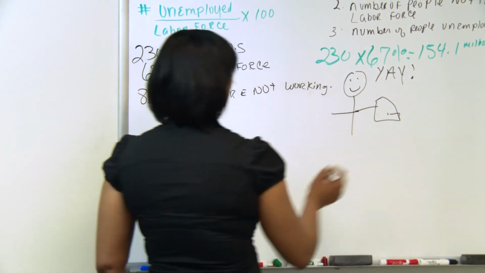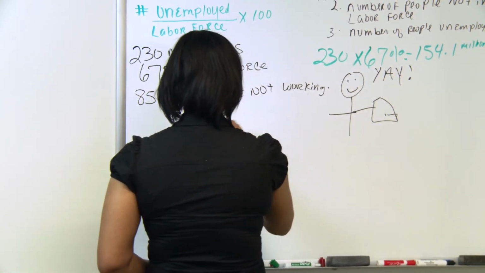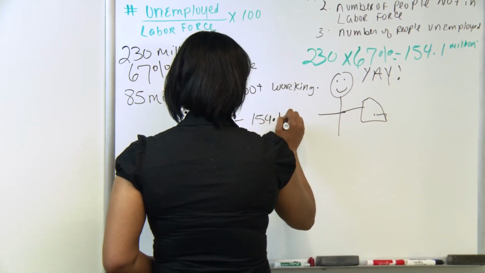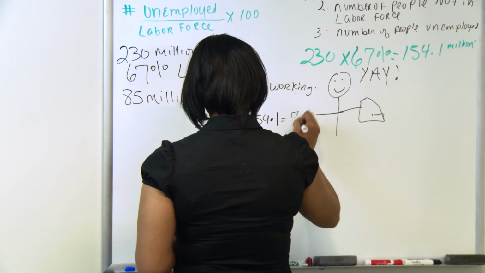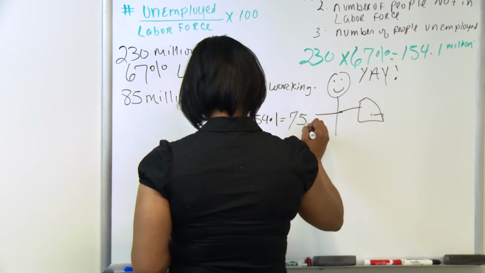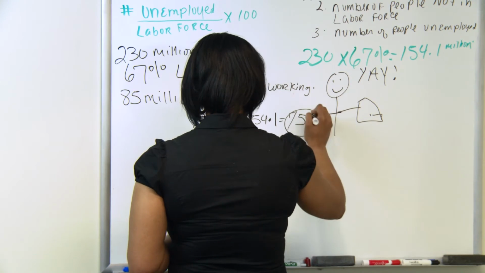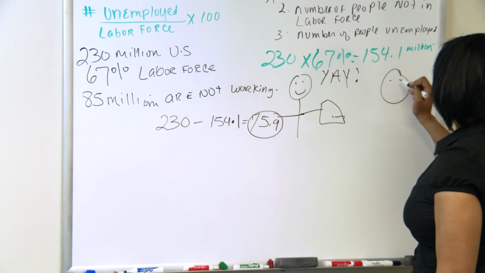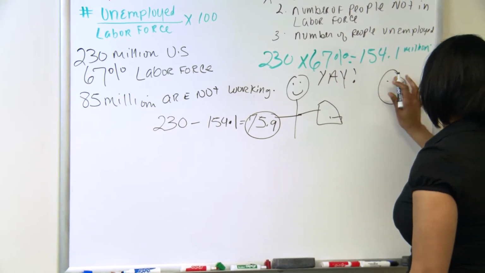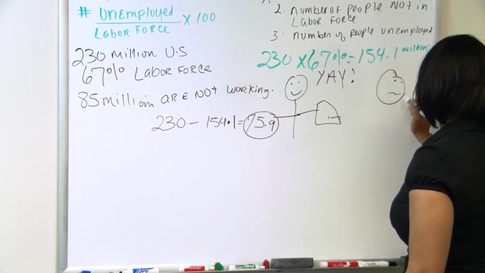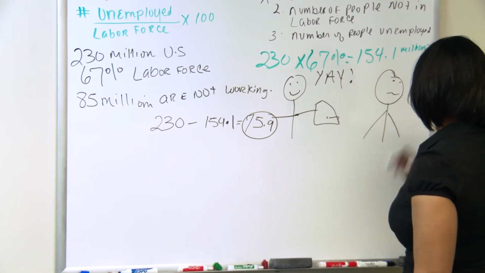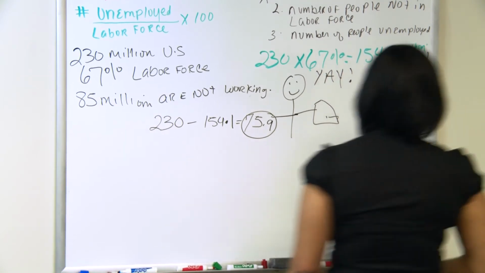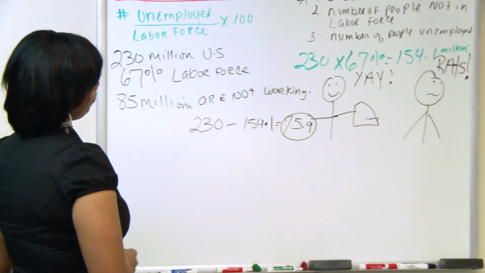So we're going to subtract 230 minus 154.1, and this will give us a magic number of 75.9 million people that are not in the labor force. So they're not, well, as happy, a little sad. Rats, that's what they're saying, right? Rats, not in the labor force.